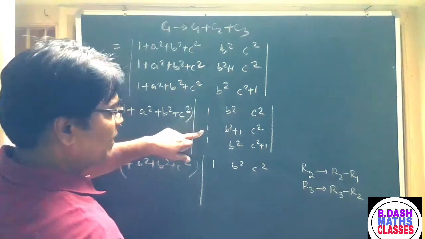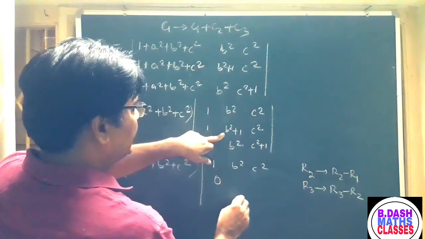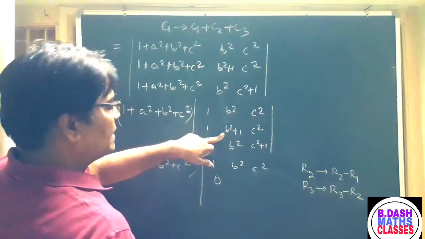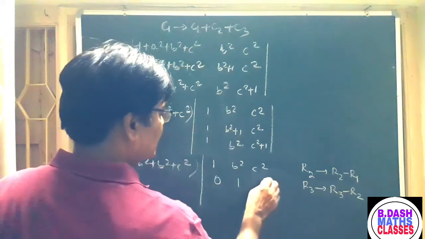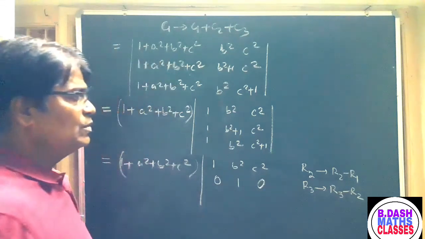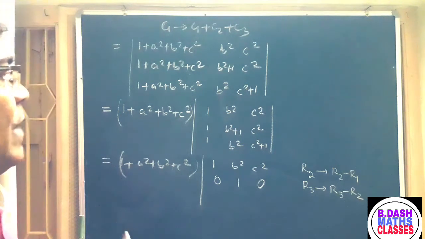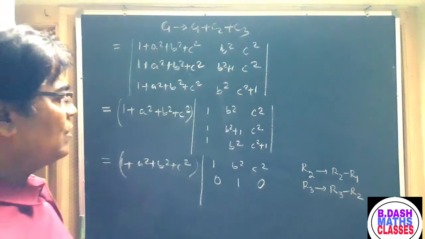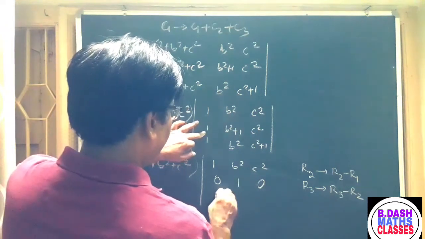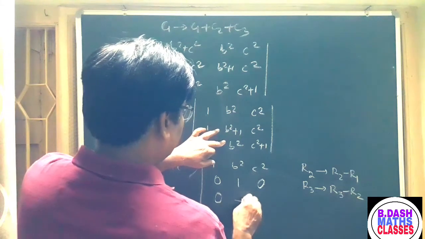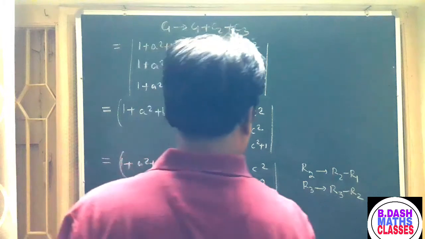Then the second row becomes row 2 minus row 1, meaning here 0, b square plus 1 minus b square, so obviously 1, c square minus c square is equal to 0, because we are replacing row 2 by row 2 minus row 1. Now we have to replace row 3 by row 3 minus row 2. So this will give you 0, this gives you minus 1, this is 1. We are getting this value.